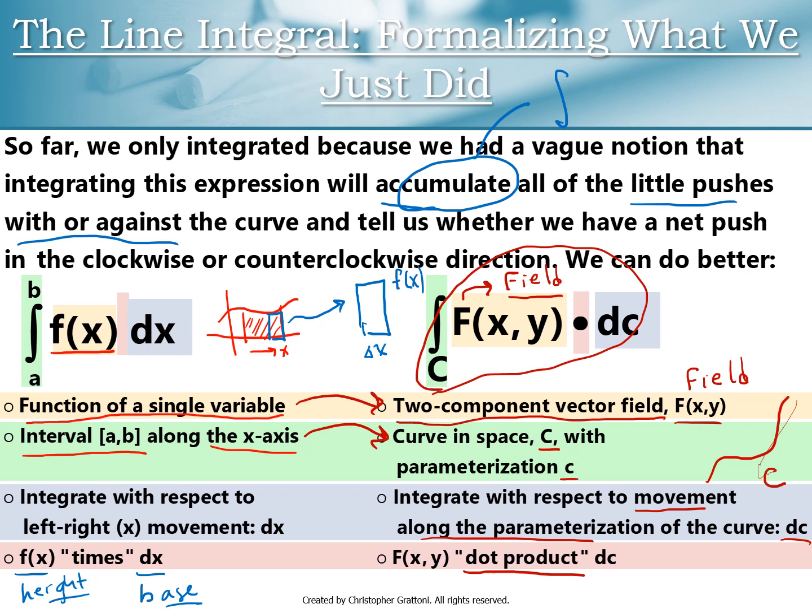Last year we were integrating with respect to a change in x, a dx. Now we're moving along a parameterization dC, and last year we had f of x, quote-unquote, times dx. And in this chapter, we have capital F, our vector field, dot dC. But it's still kind of like a product there, right? It's a dot product.